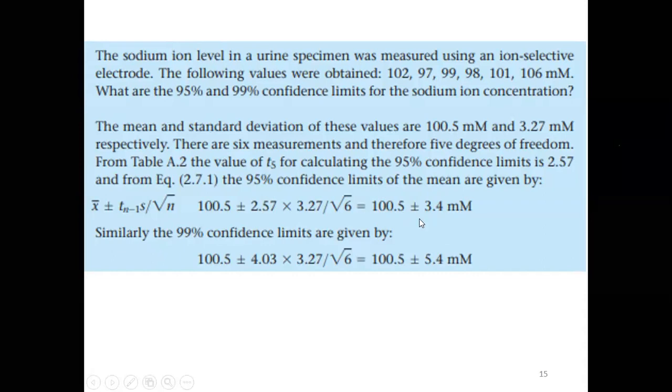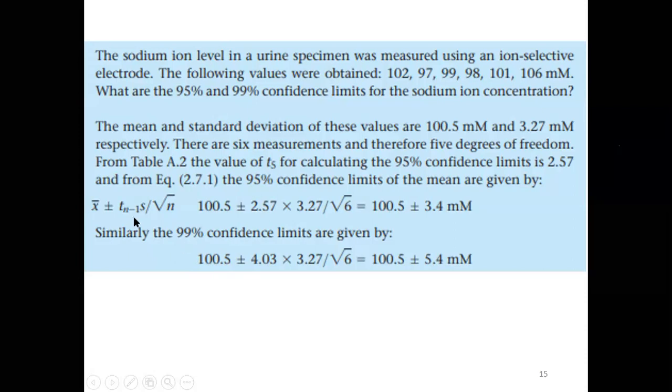So the mean value plus 3.4 equals the upper limit. The mean value minus 3.4 equals the lower limit. In the same way, because the question asks to calculate 95% as well as 99% confidence, we can calculate the 99% confidence.